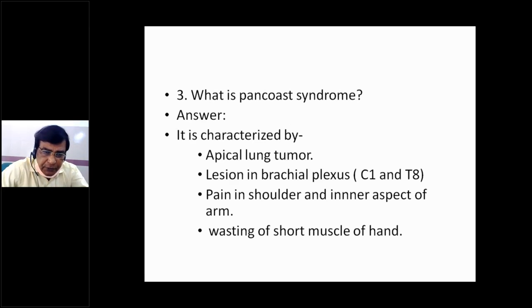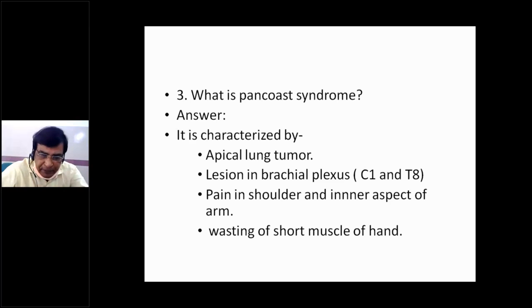Our next question is, what is Pancoast syndrome? Pancoast syndrome is characterized by apical lung tumor. And the second criterion is lesion in the brachial plexus, especially C8 and T1, and pain in the shoulder joint and inner aspect of the arm occurs.